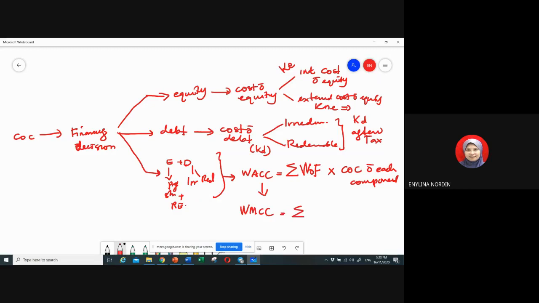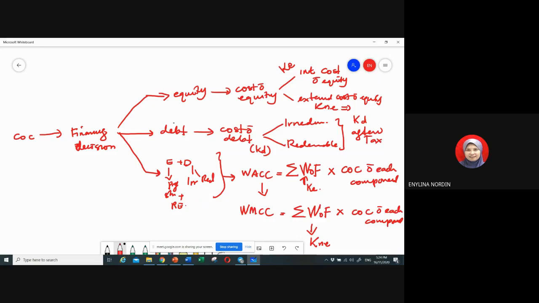Again, it's a summation of the weightage of financing multiplied by the cost of capital of each financing component, except that for WMCC, we use Kne for equity. For WACC, we use Ke for the component of common equity. If it's issuing shares, we use Kne.